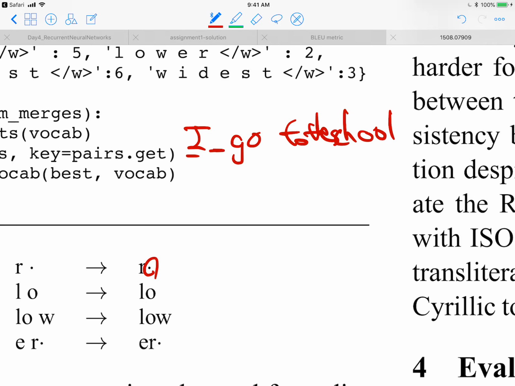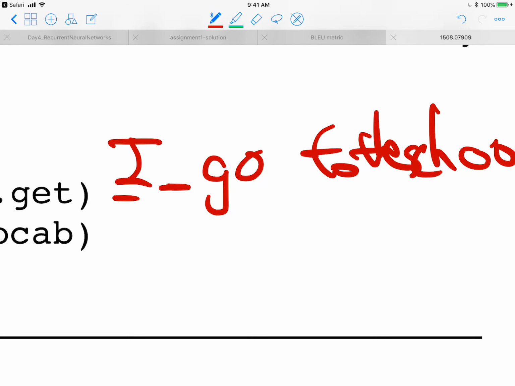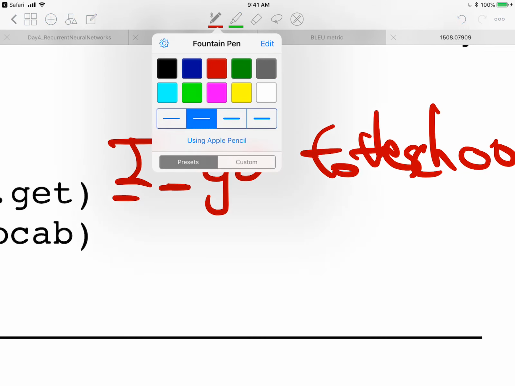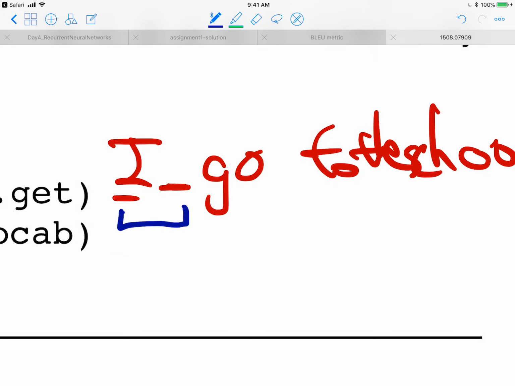Our byte pair encoding looks for the character-level bigram up to this point, I and space. But if we find this space, we do not reach beyond it.